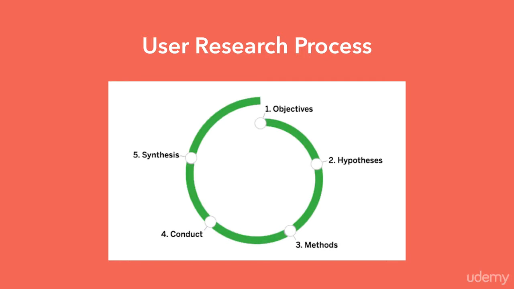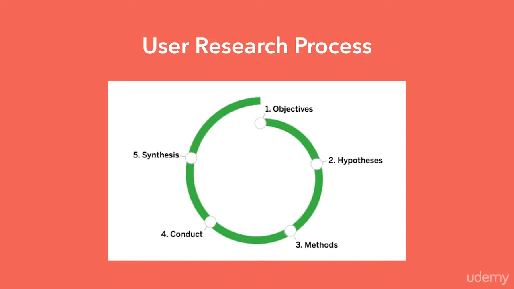The next step is to create a hypothesis around this, something that you can prove false or prove true. So I'll just use a random example. Let's say our objective is to better understand new visitors, and our hypothesis is that they don't understand our company name. Next, the third step is to identify which methods you're going to use to test your hypothesis. So in this case, we may use something like a simple survey or a questionnaire.